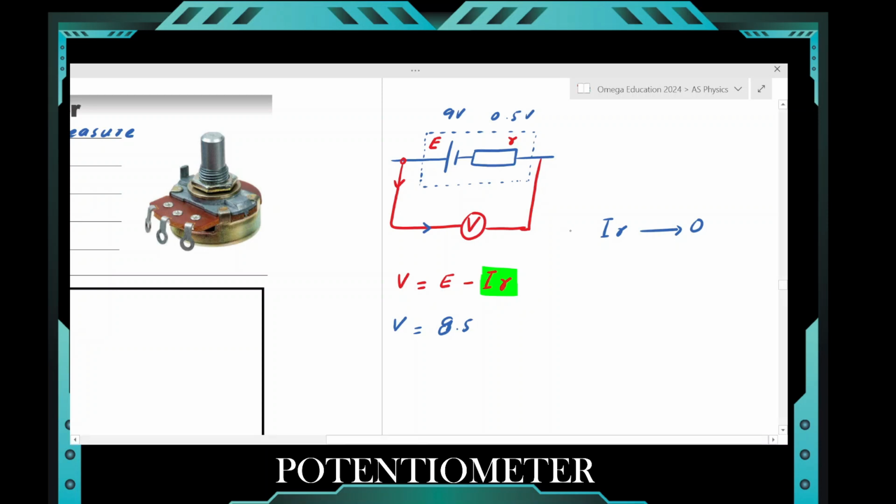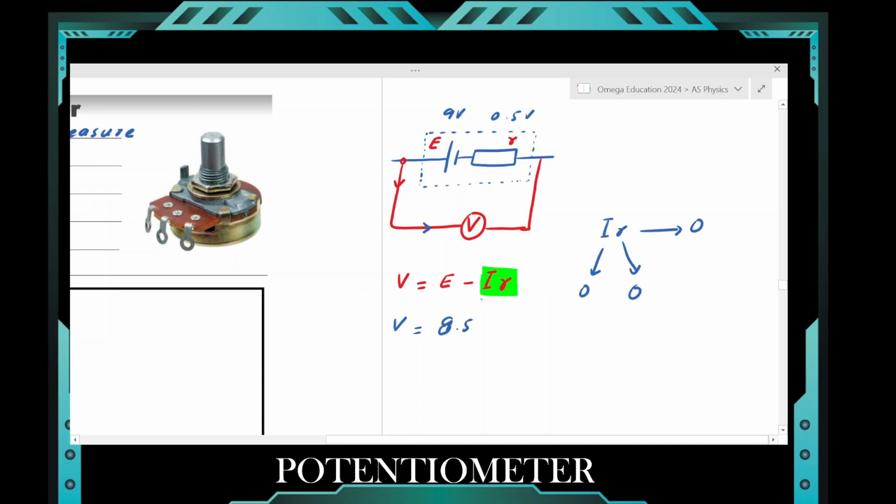In order to make Ir 0, either the current has to be 0 or the internal resistance has to be 0. And the fact of the matter is, internal resistance cannot be 0. Matter of fact, you cannot even change it. If it is, let's say, 0.5 ohms, it'll remain 0.5 ohms.